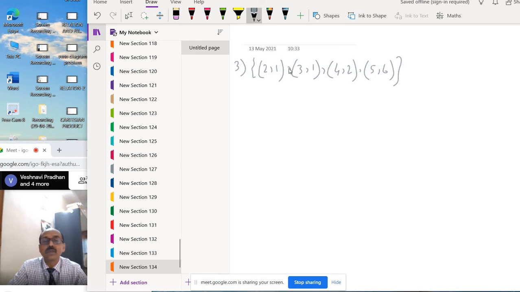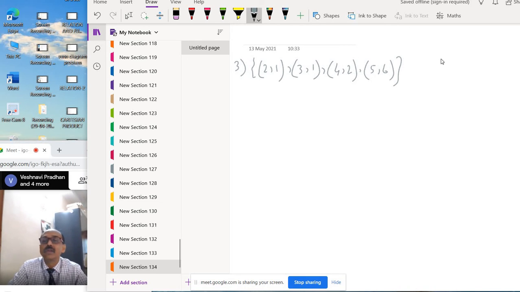See, the x values are 2, 3, 4, 5. All the values of x are distinct. So it is possible, it is a function. Yes, it is a function.